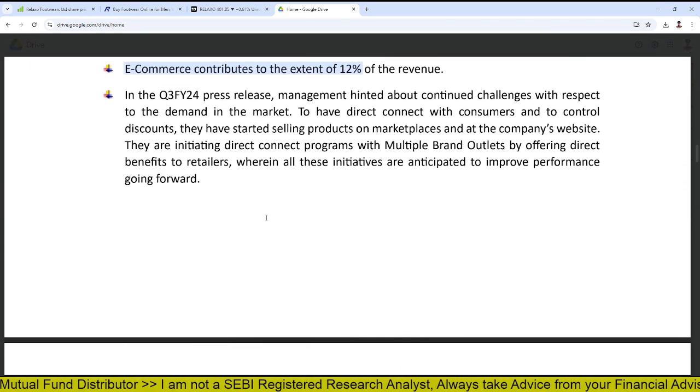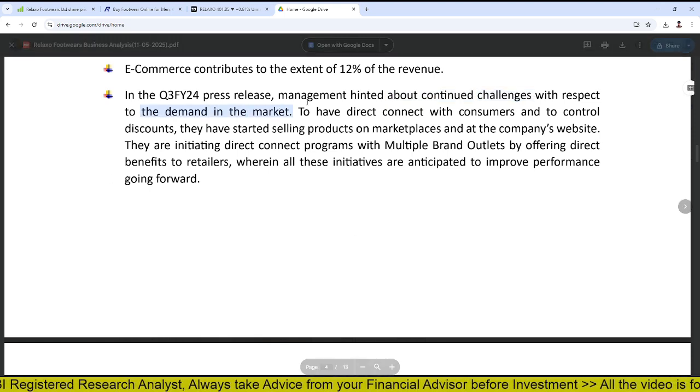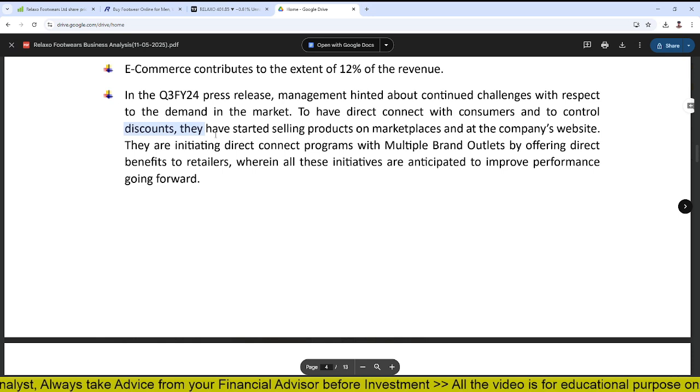In the Q3 FY24 press release, management hinted about continued challenge with respect to the demand in the market, to have direct connect with consumers and to control discounts.